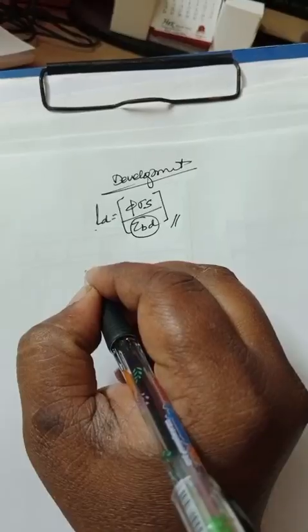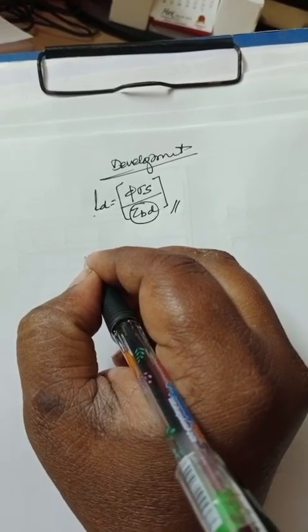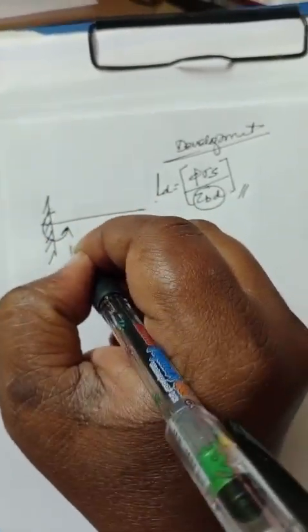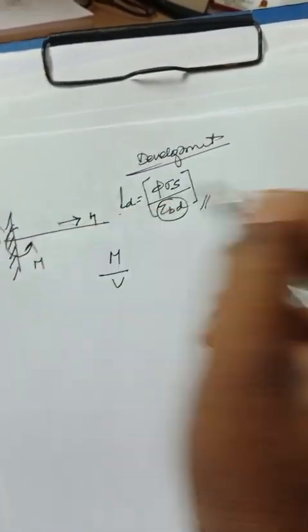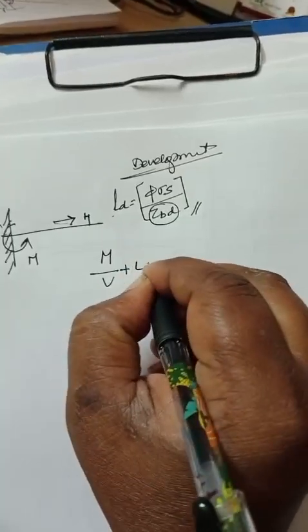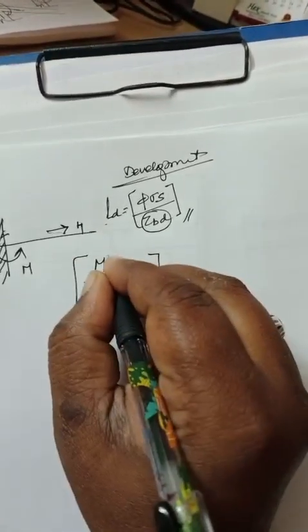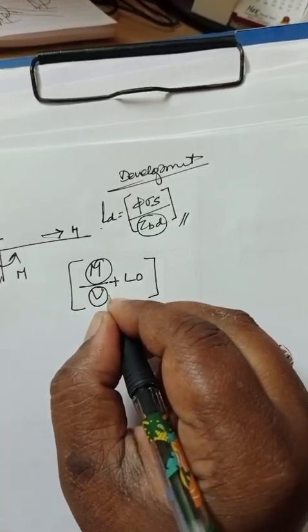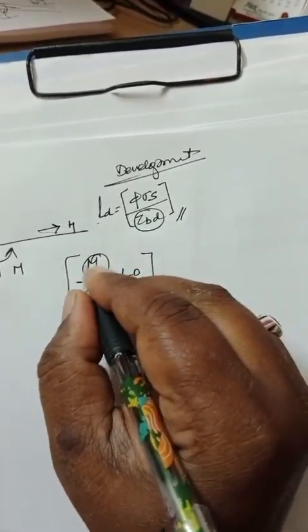So the contribution towards that is generally how we calculate. We know the moment, we know the shear forces, we know the horizontal force in any junction.